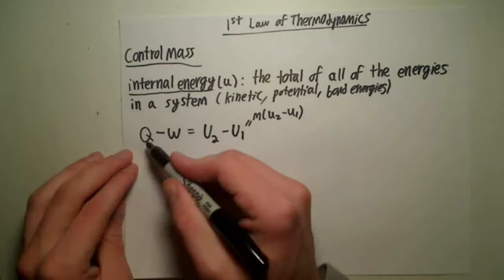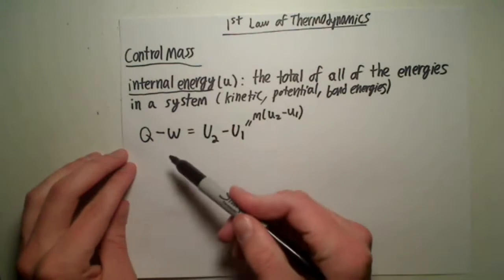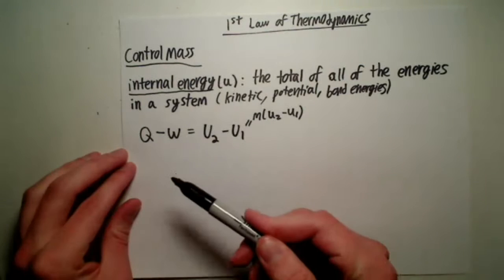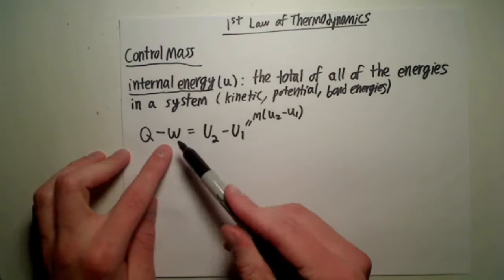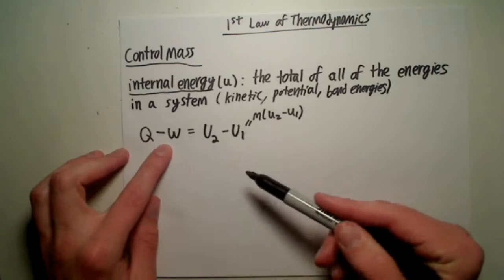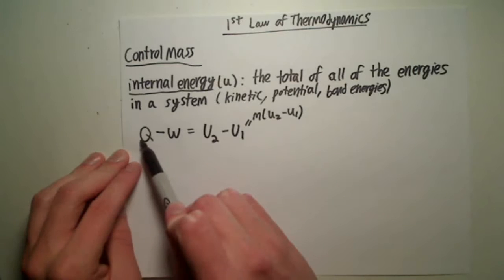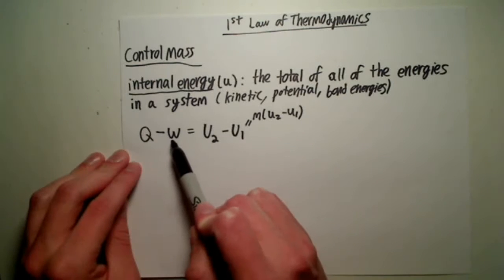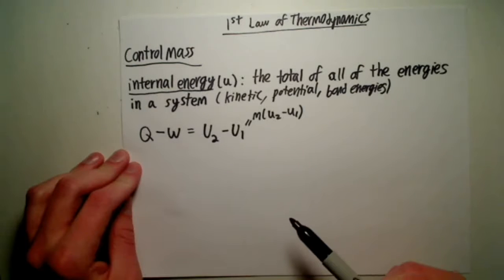Q is gaining or losing heat. If Q is positive, we gain heat. If Q is negative, we lose heat. And in the last video, we talked about work. So if work is positive, we're doing work. You see how we have a minus sign? So it's energy in minus energy out equals the change in energy, which would be true.